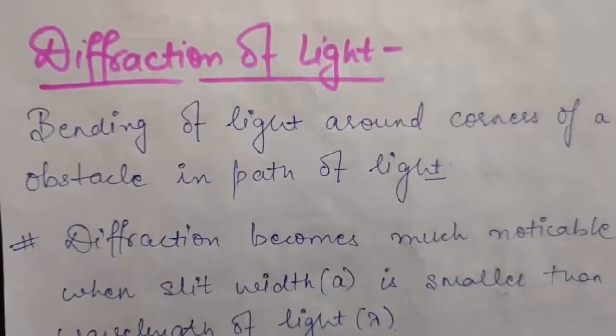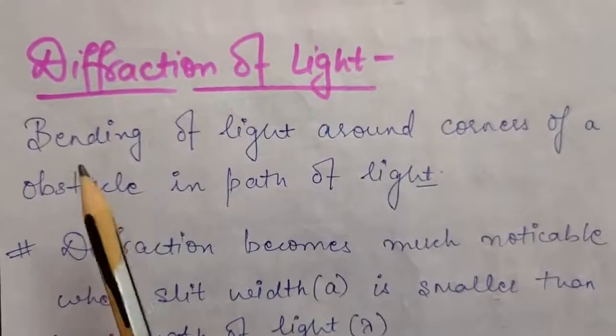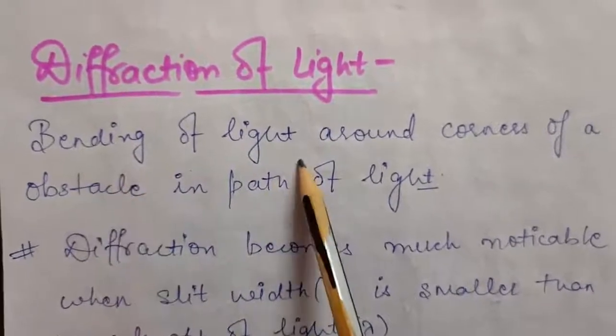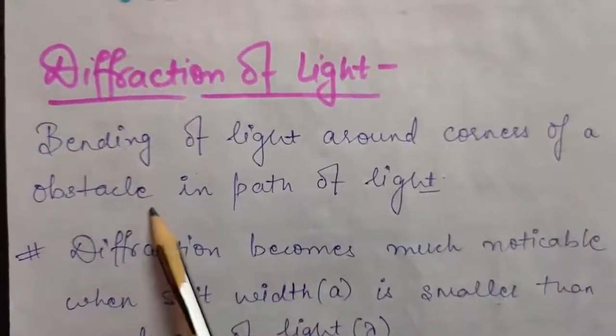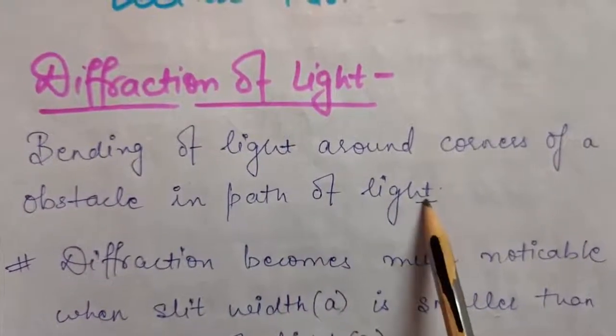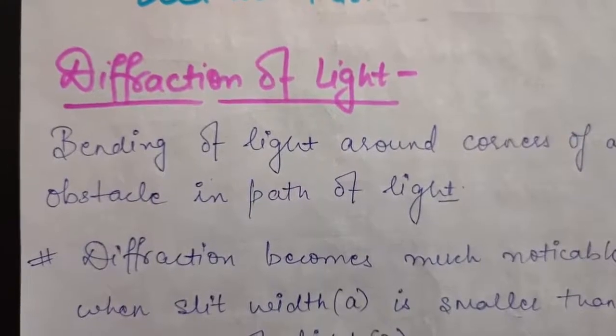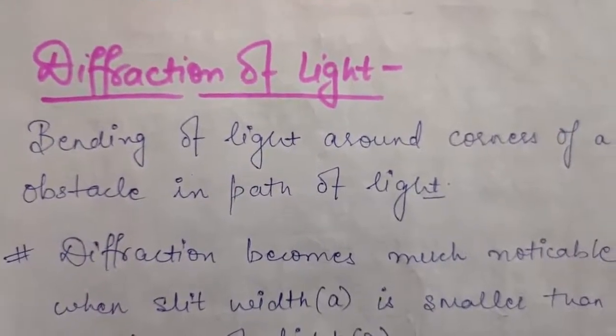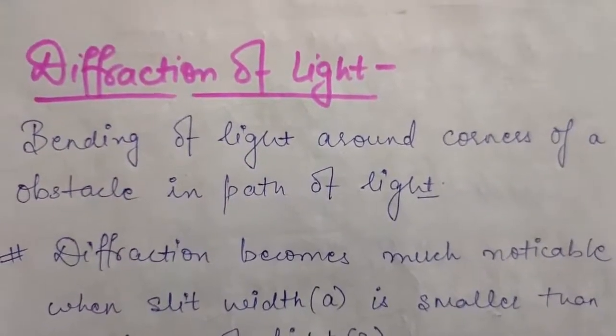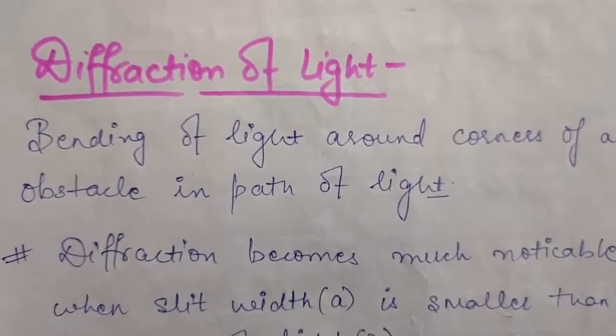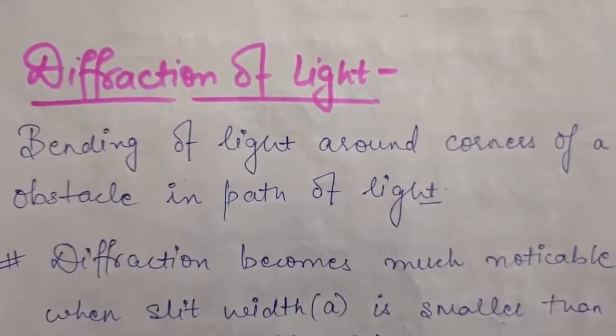Okay, so first of all, to define diffraction, that is bending of light around corners of an obstacle in the path of light. That means whenever light is traveling and any obstacle comes into its path, then there is bending of light around the corners of that obstacle, and that bending is called diffraction.